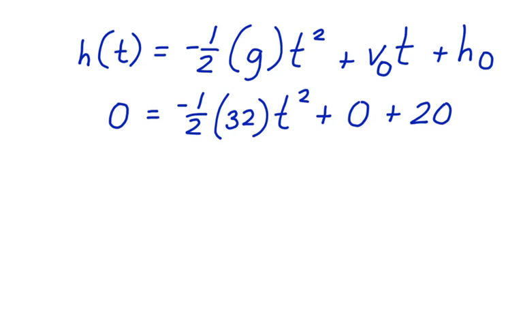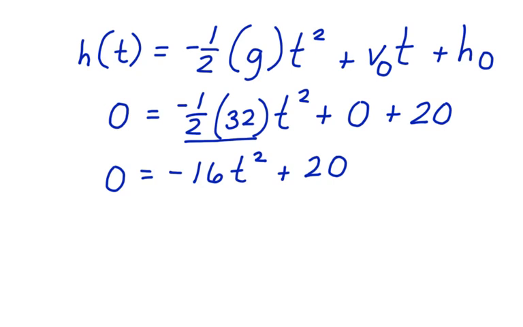Now let's simplify. We have 0 equals negative 1/2 times 32, which is negative 16, t squared plus 20. Next, we're going to subtract 20 from each side of this equation.